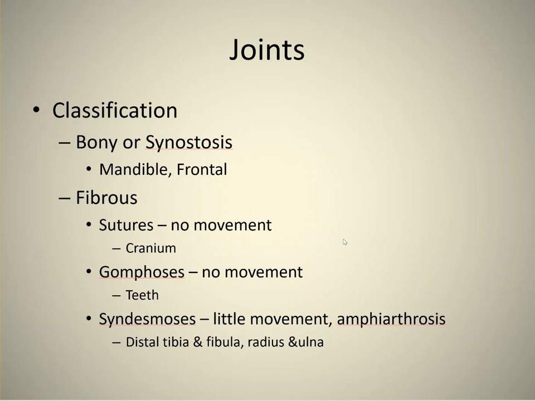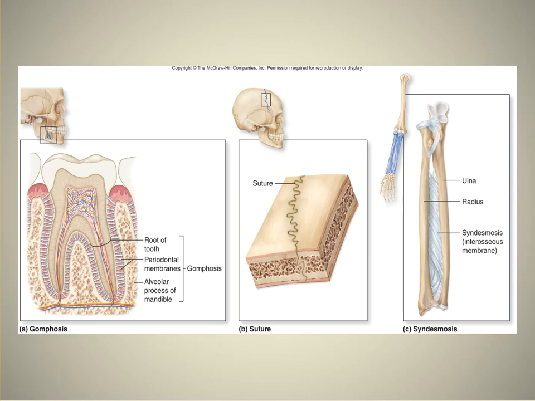And then there's something called a syndesmosis, which is between your distal tibia and fibula and radius and ulna, that allows a little bit of movement between those. So that's a fibrous joint, but in this case, it's an amphiarthrotic joint also, because it allows a little bit of movement.